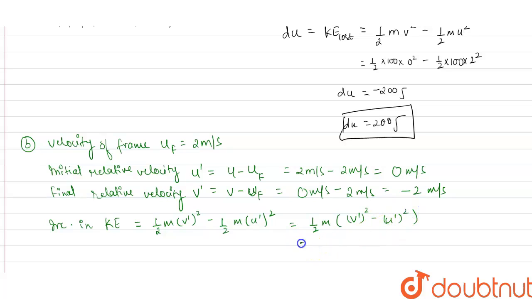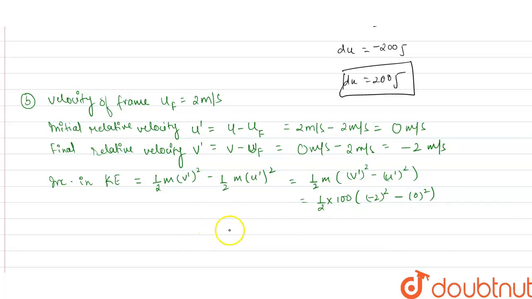Now substituting the values, mass is given as 100, the final velocity is minus 2 and the initial velocity is 0. From here the increase in the kinetic energy will be equal to 200 joules. Correct. So our second part is also done.